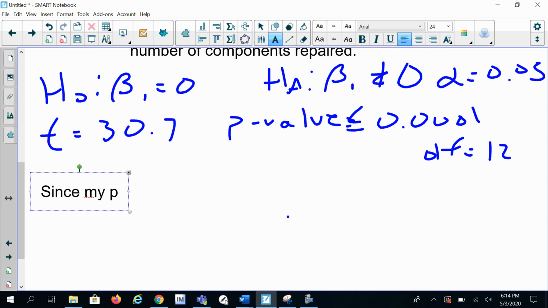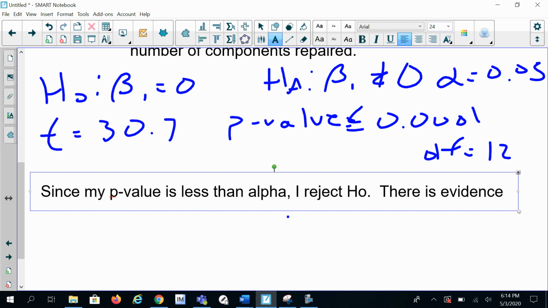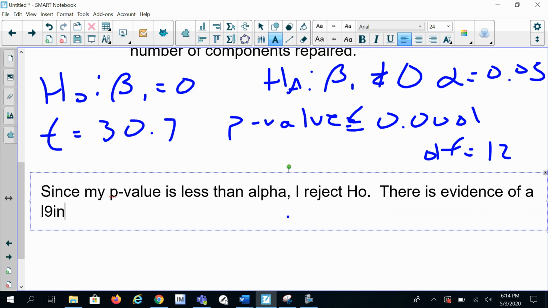So since my p-value is less than alpha, I reject H0. There is evidence, and we're not going to say there is evidence that the slope is not equal to 0. We're just going to say there is evidence of a linear relationship between the, oh, this is not the bird one.